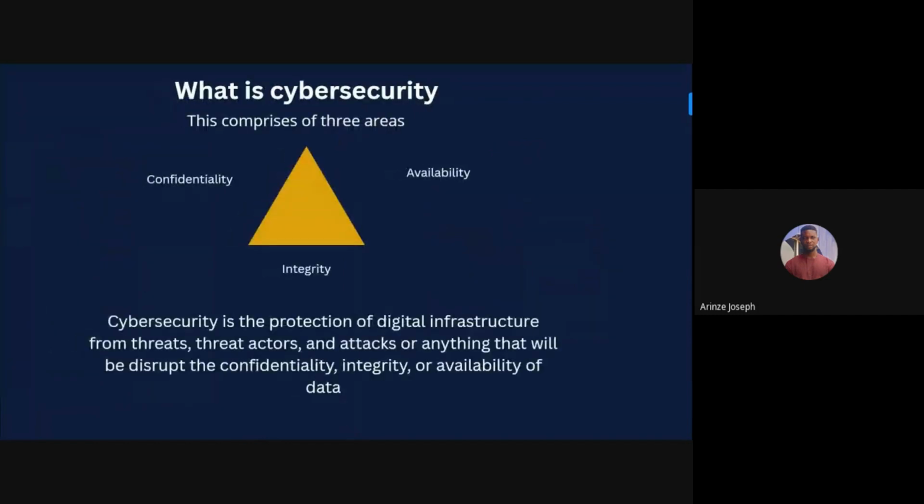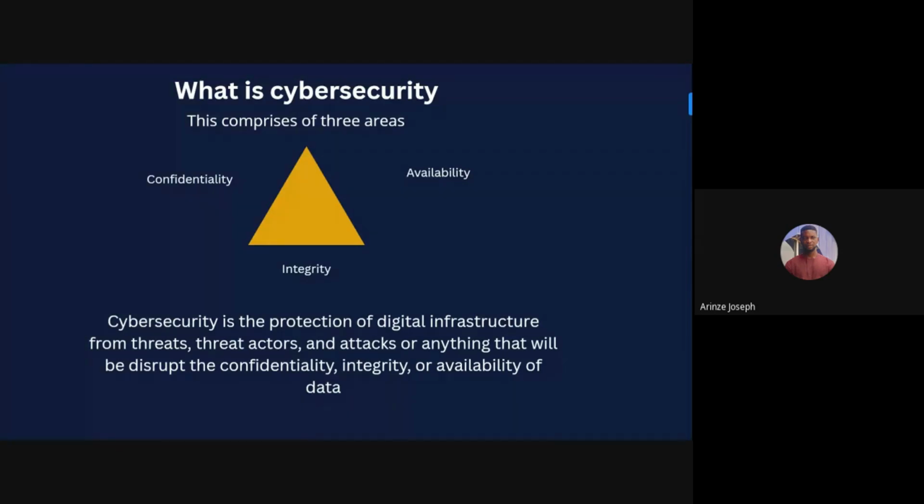So now that brings us to what is cybersecurity. For us to understand what cybersecurity means, there are three areas that we are going to look at. There is confidentiality, there is what we call integrity, and also availability.